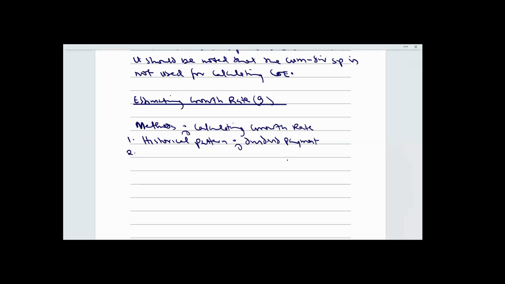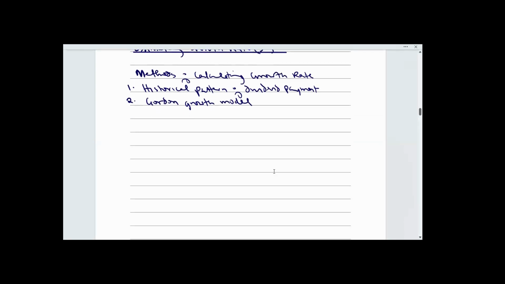Then two, we have the Gordon growth model. All right, Gordon growth model. So let's pick it one by one. Historical pattern of dividend payments.